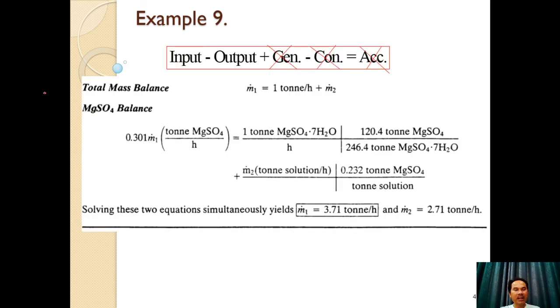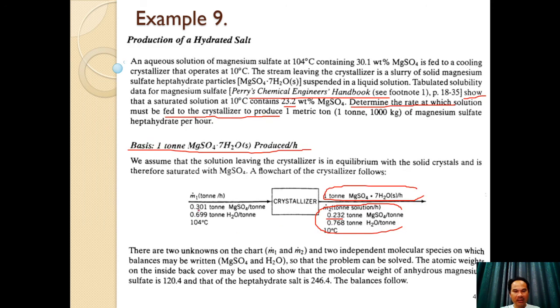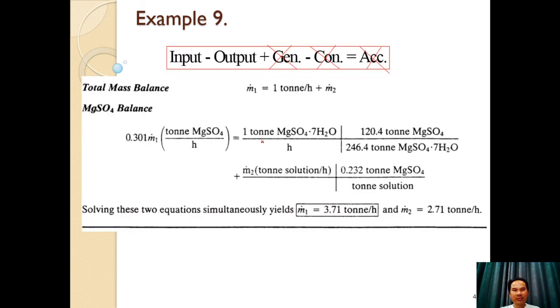The next balance is the magnesium sulfate balance. About magnesium sulfate, the input is 0.301 M1. This input is magnesium sulfate, but the output in terms of magnesium sulfate heptahydrate is 1 ton. You know the molecular weight of magnesium sulfate.